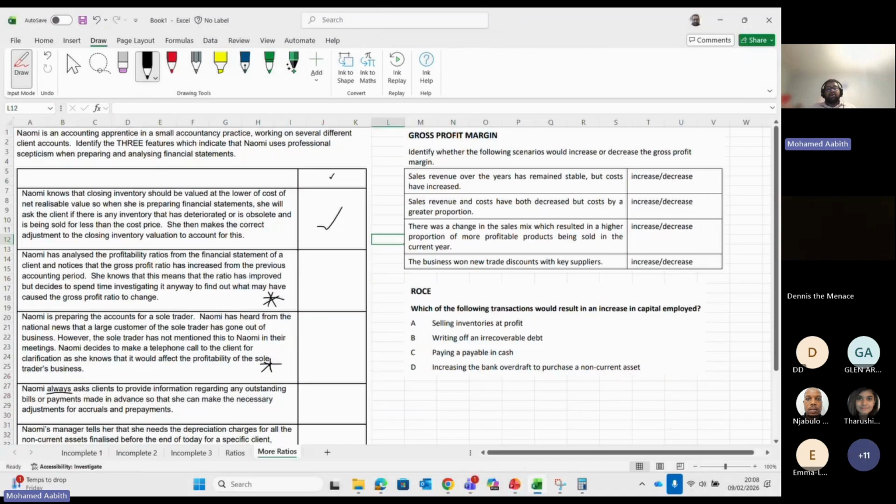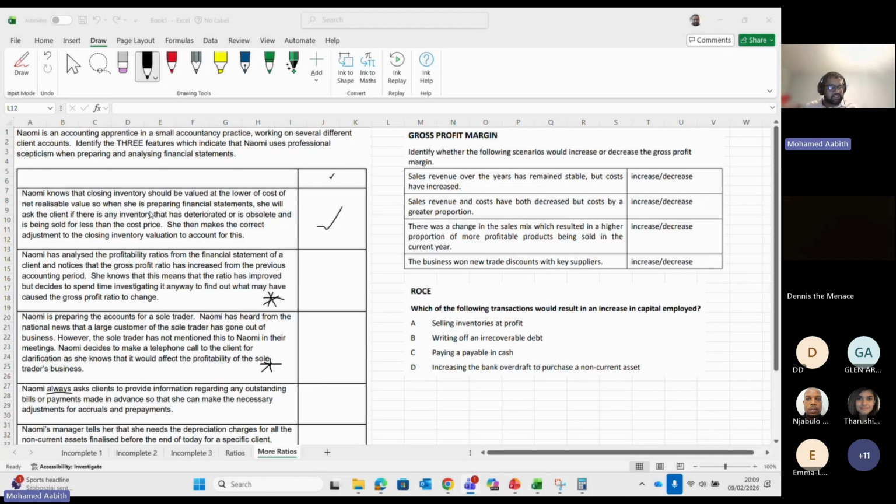Okay, so what they say here: identify 3 features which indicate that Naomi uses skepticism. Skepticism means she's not just going with the facts; she's going to take her own accounting decisions.